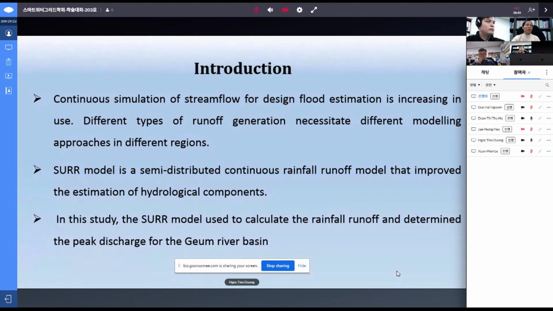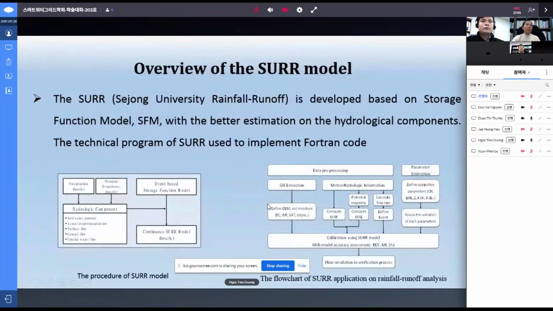In this study, I use the SUR model to calculate the rainfall runoff and determine the peak discharge for Gulf River Basin. The SUR model is developed based on the storage function model with better estimation of the hydrological component. The SUR model uses the improvement function code.